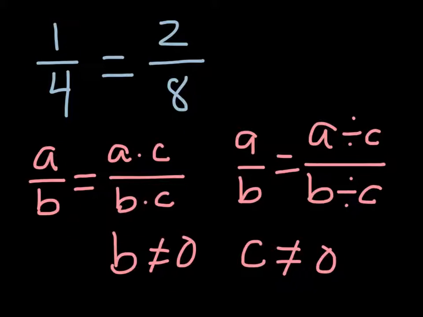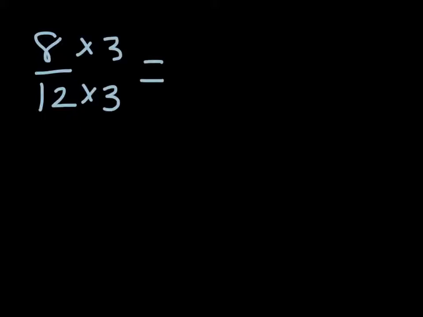Let's go on to trying a few of these with fractions from the book. Let's write two fractions that are equivalent to 8/12. First, let's multiply. Let's say we're going to multiply 8 and 12 each by 3 to find an equivalent fraction. That would be 24/36.